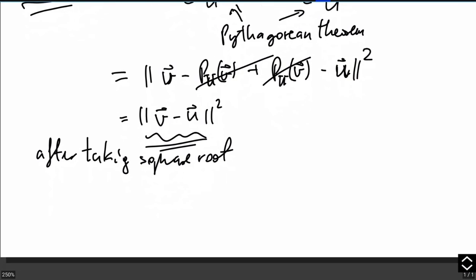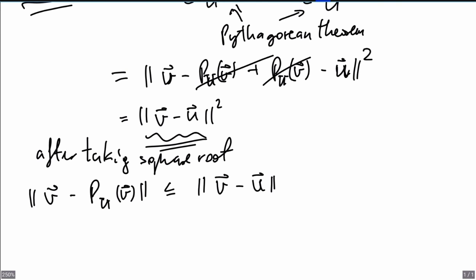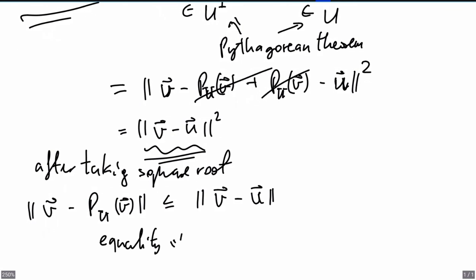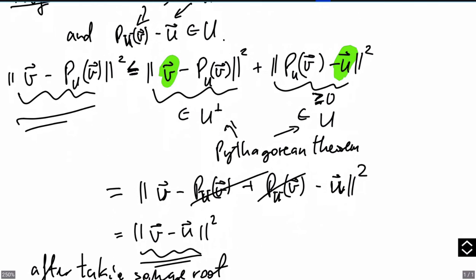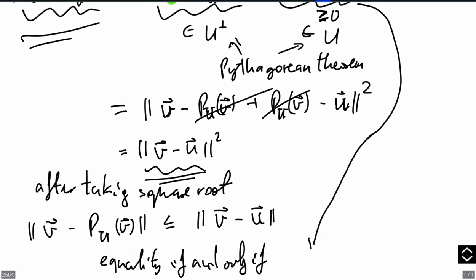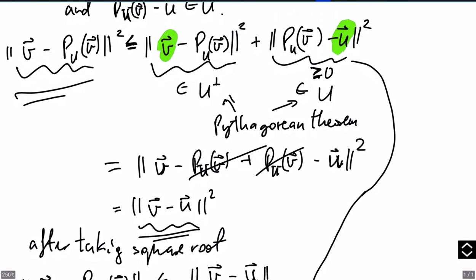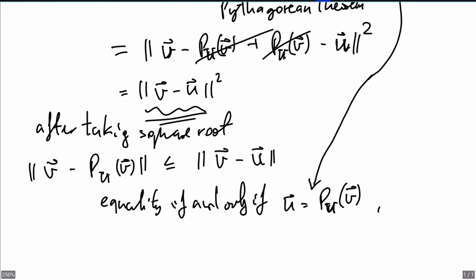Then it becomes just that the norm of v minus the projection onto U of v is less than or equal to the norm of v minus u. And we have equality if and only if, going back, the second term there is 0. So that means we have equality if and only if u equals P_U v. And that proves the theorem.